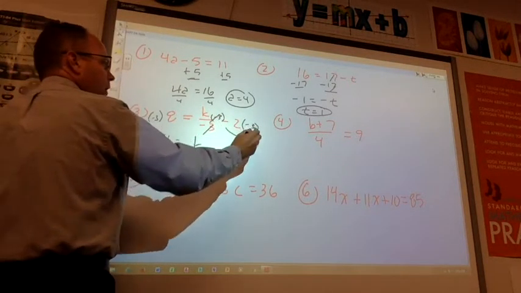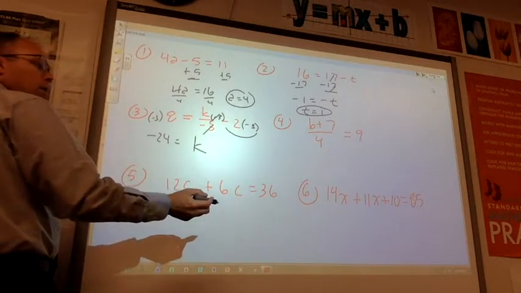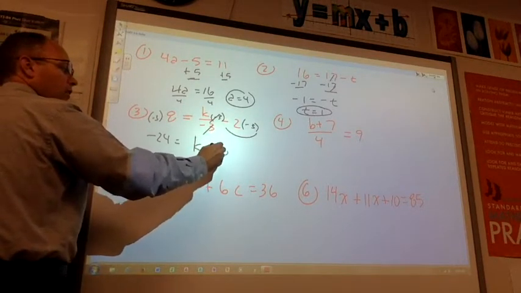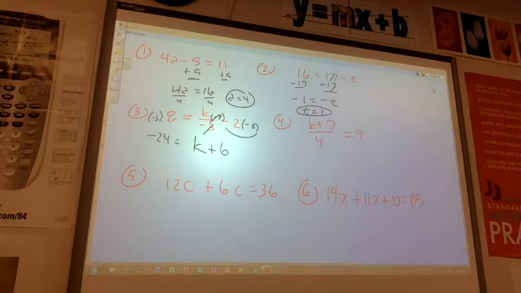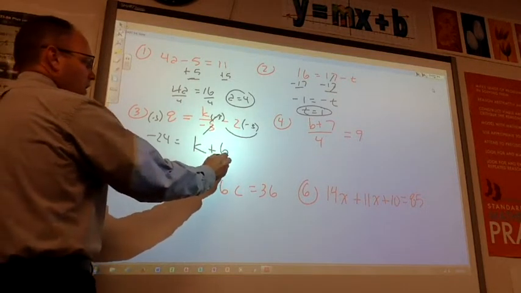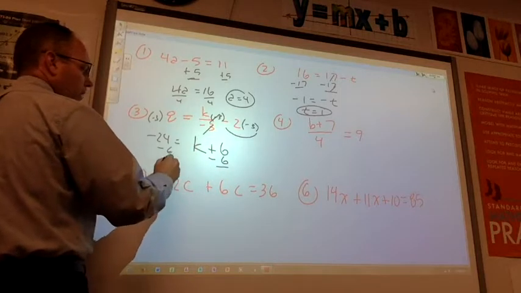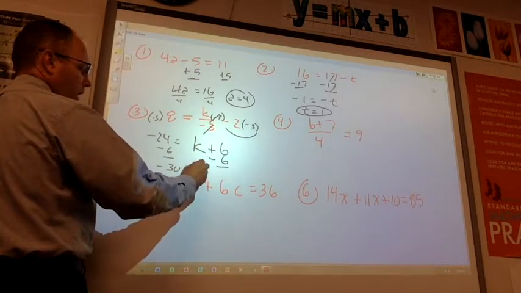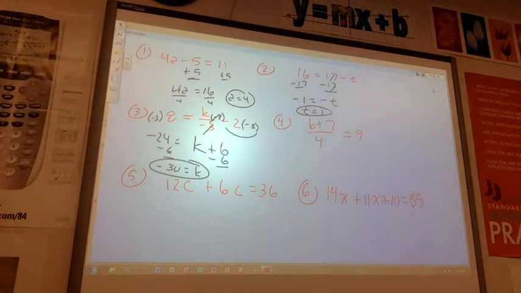What does this become now? Positive. Positive 6. So that's a way to clear the denominator. That's a really neat way to do it, as long as you recognize that you have to multiply all terms. And then I'm going to subtract 6. So I get negative 30 is equal to k, or k equals negative 30. Your choice how you want to do it.